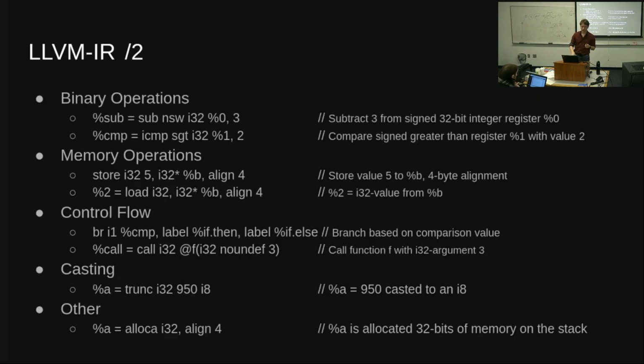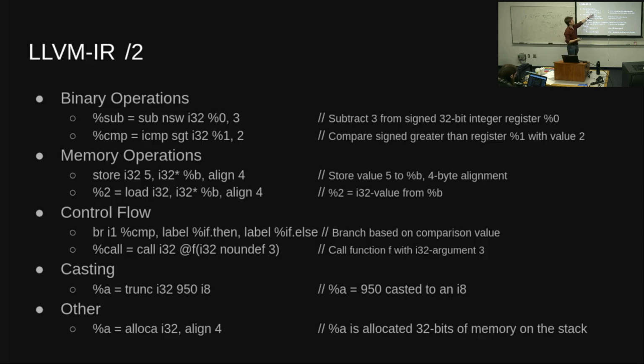You can look at a few more specific instructions for LLVM. We have, for example, the subtract operation, which you pass some arguments, and in this case you say that from variable 0 you subtract 3, it's a 32-bit integer register, and the result is going to be stored in %sum.